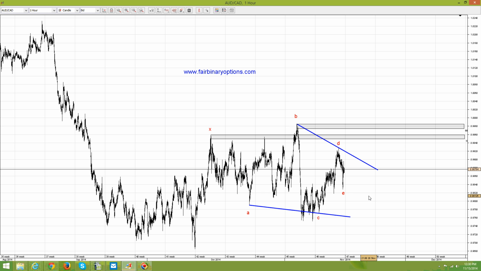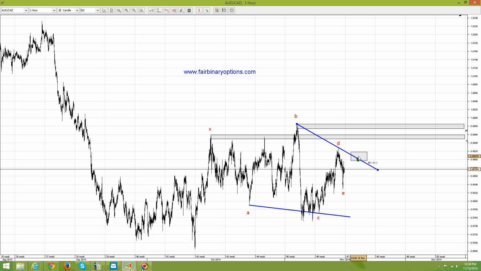Now the trading plan for the Australian dollar, Canadian dollar into next week is quite simple. We should look for the B2D trend line to be broken, and by the time this one is broken, definitely we want to buy call options with an end of week expiration date.